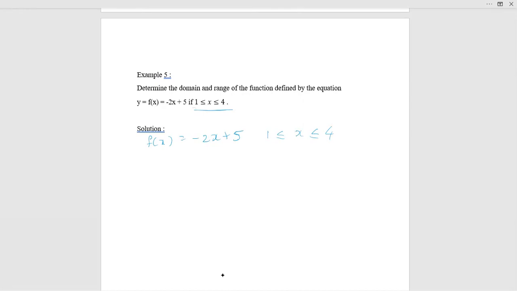Okay, we can write domain is equal to the interval 1 comma 4 with brackets.